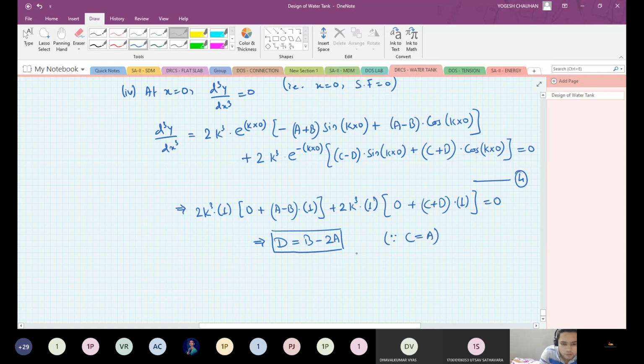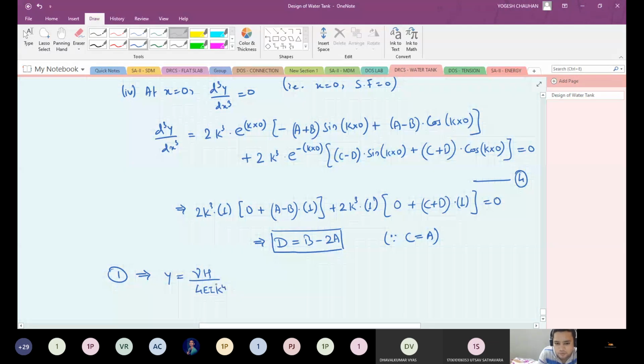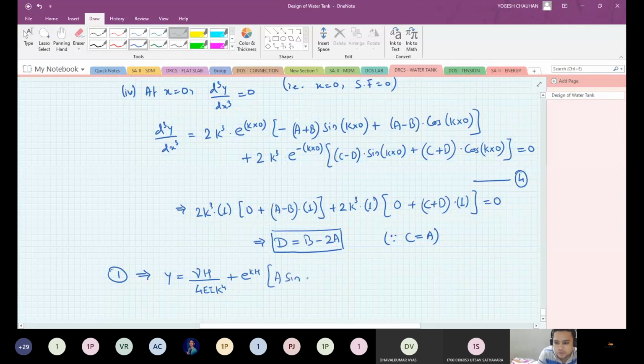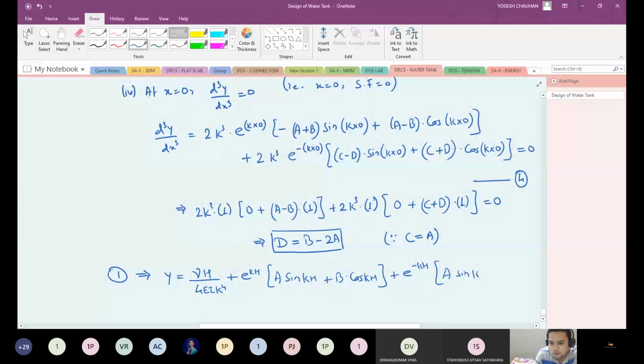Now from equation number 1, putting this d value and a equals to c, you will get y is equals to gamma h by 4 ei k to the power 4 plus e raised to the power kh into a sin kh plus b cos kh plus e raised to the power minus kh into a sin kh.